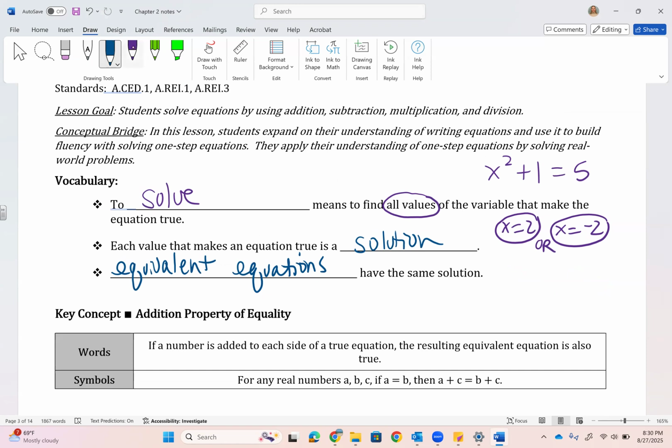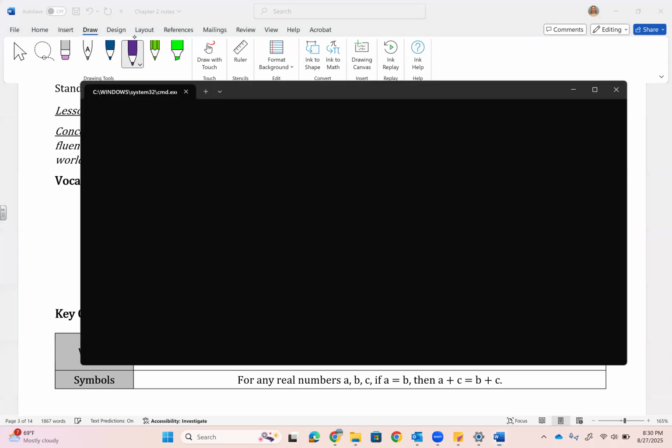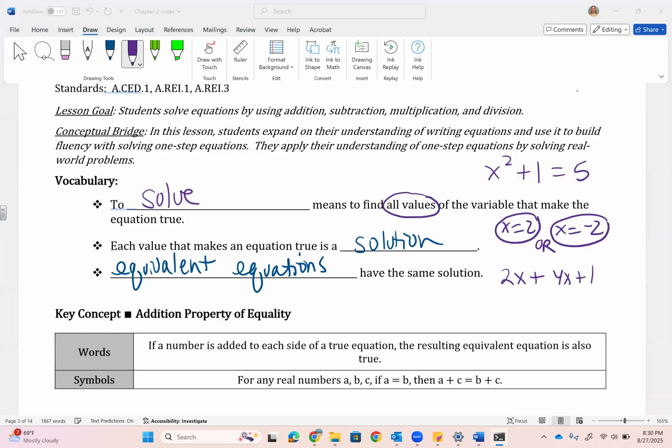But if you have an equation like 2x plus 4x plus 1 is equal to 25, and you combine these like terms, you say, oh, 6x plus 1 equals 25.